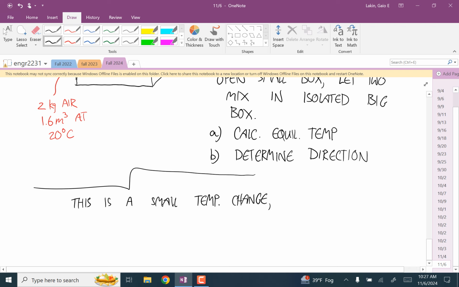And we're given volumes instead of pressures. If you have the temperatures and volumes, you can calculate the pressures using the ideal gas law.